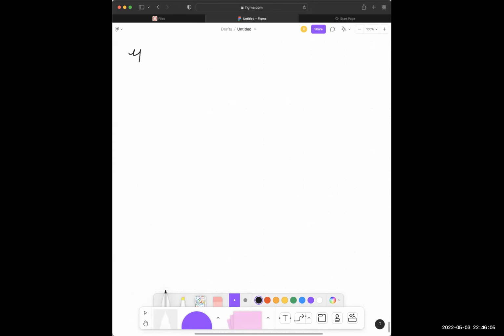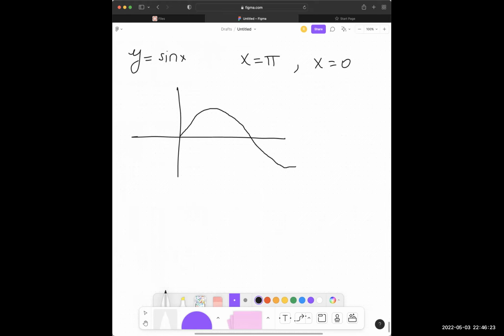Okay, so what about y equals sine of x, and on the boundaries x equals pi to x equals 0? What do we do in this case? If you're familiar with sine of x, it's a sinusoidal wave that looks like this here.